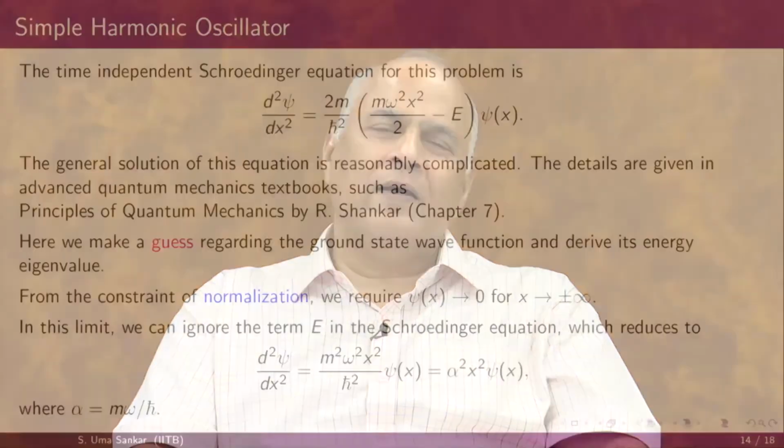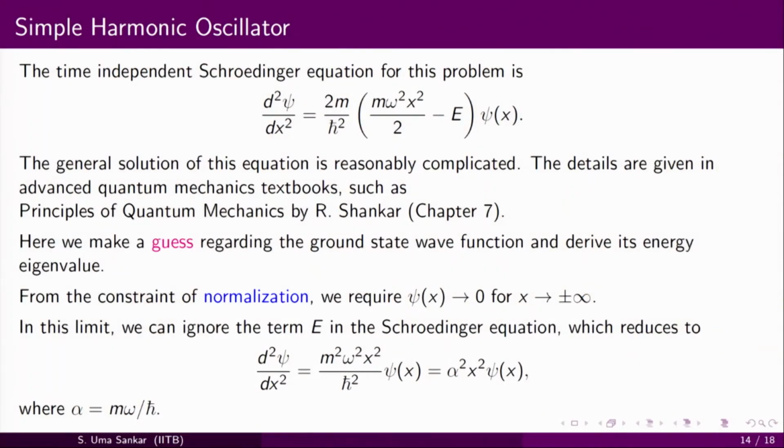And if we write the time independent Schrodinger's equation for it, it has the form displayed in the slide. d square psi by dx square is equal to 2m by h bar square multiplied by m omega square x square by 2 minus E, the whole thing multiplied by psi of x. And as I told you, the solution is quite complicated, and if people are interested, you can consult books on advanced quantum mechanics.